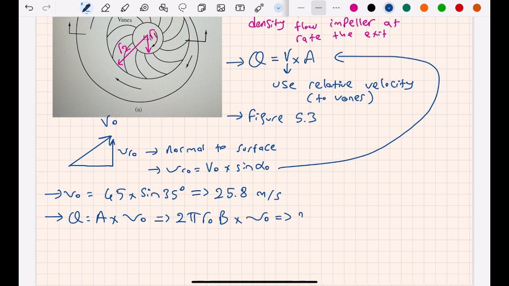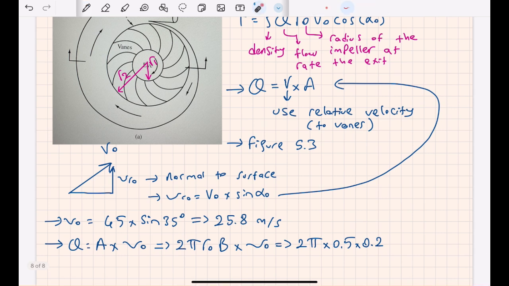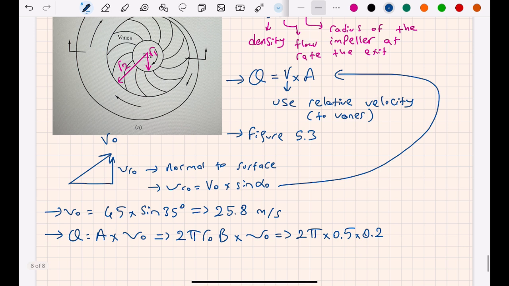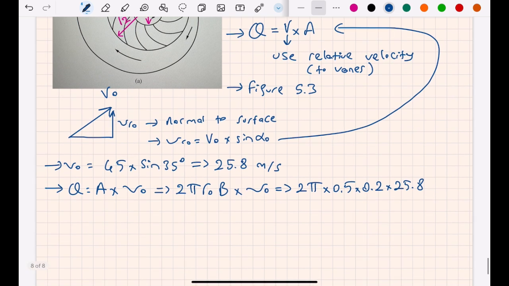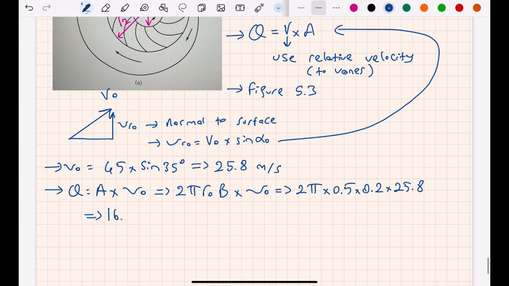This is going to give 2π times 0.5, which is the outside radius, times 0.2 meters as the width of vanes, and 25.8 meters per second. From this equation, we will get 16.2 cubic meters per second.